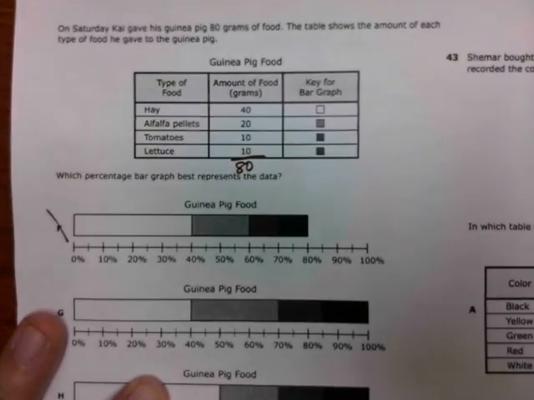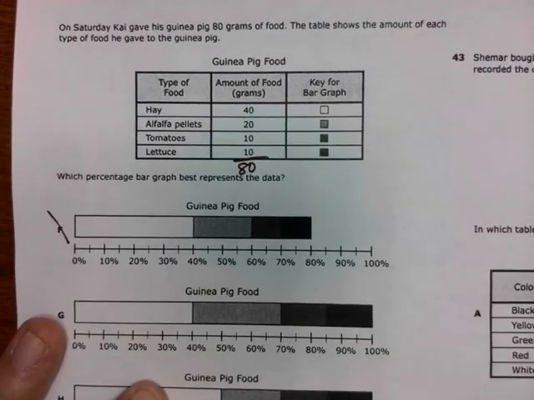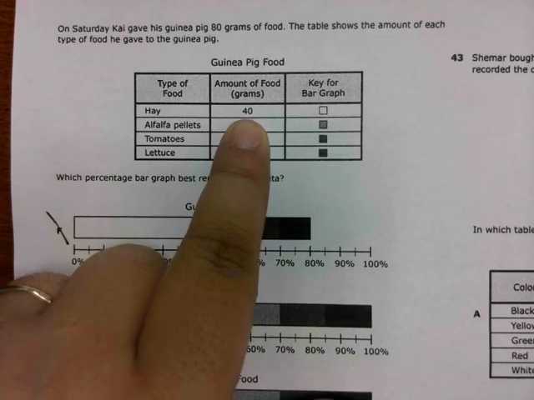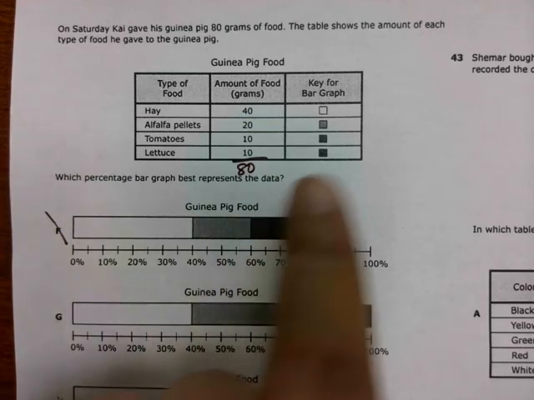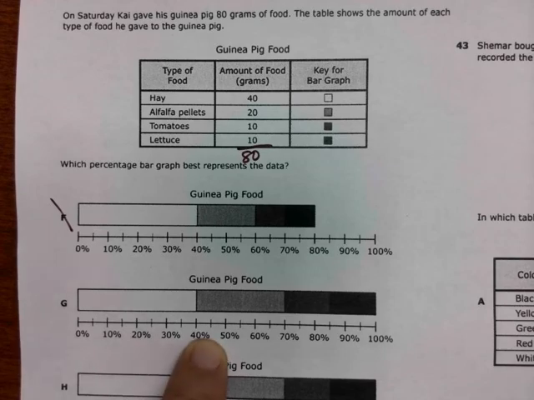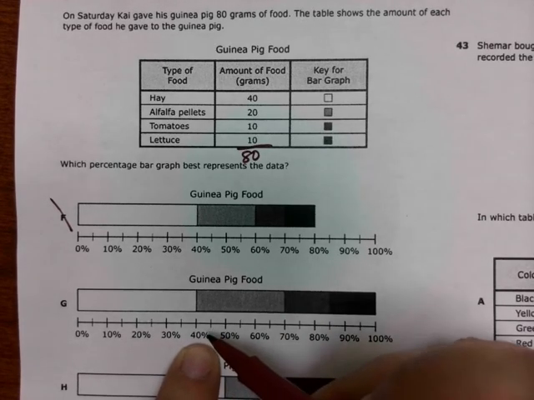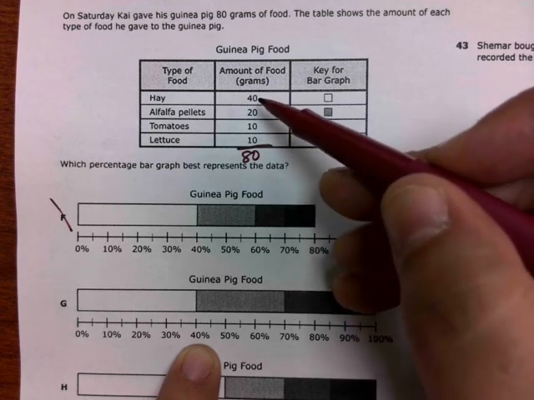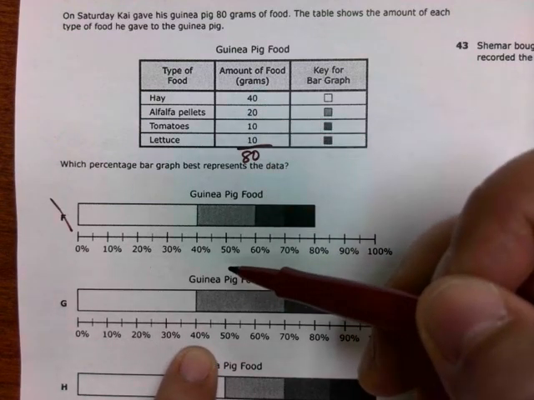The next thing that you should look for is that they gave me hay is 40 grams, and they went from the white one, which is hay, and said it's 40%. It's not going to match because 40% is always out of 100. This was not out of 100 grams. So they're not going to just take these numbers and put a percent sign with it and be done.